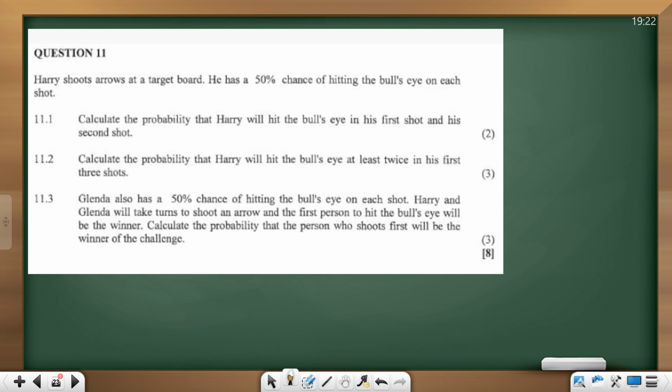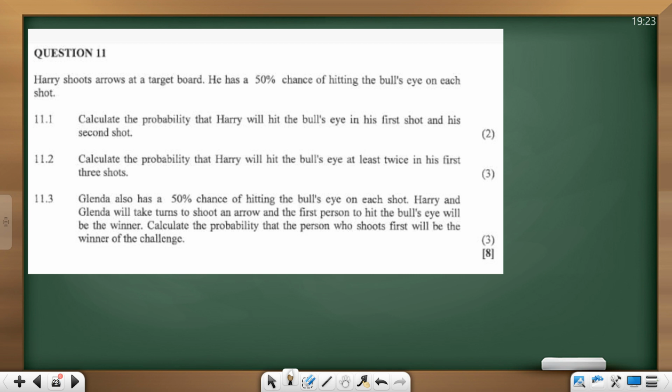All right. Let's think. Harry shoots arrows at the target board. He has a 50% chance of hitting the bull's eye on each shot.